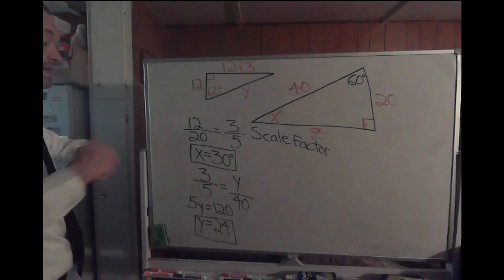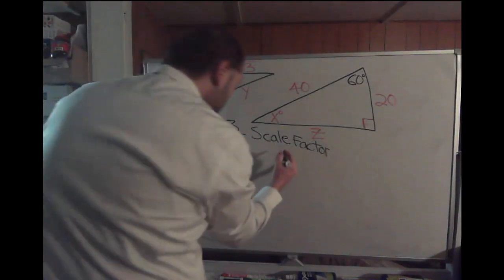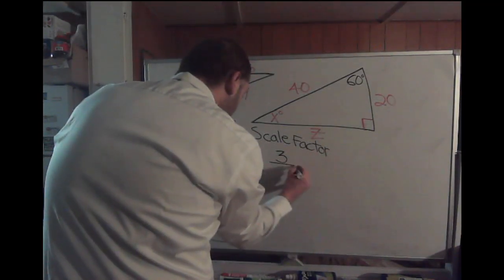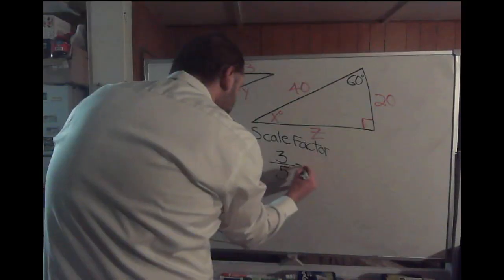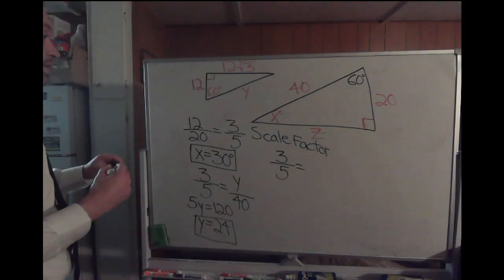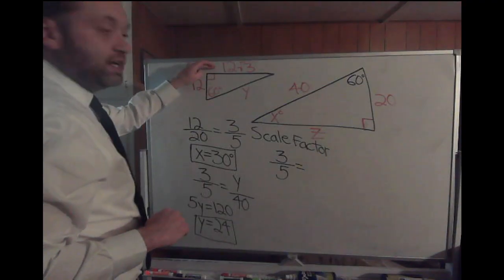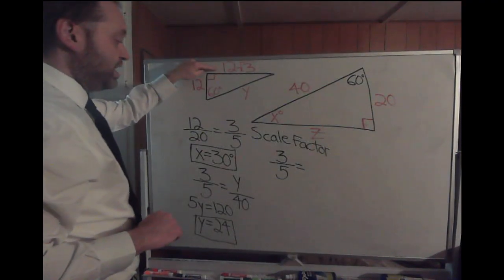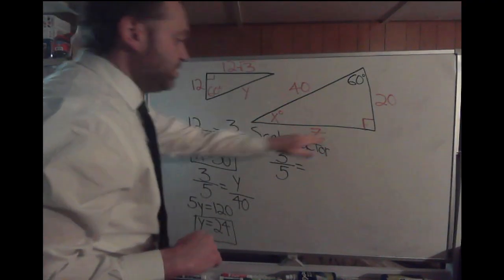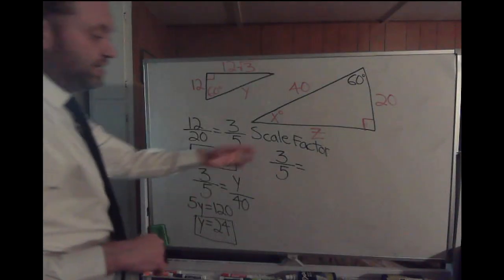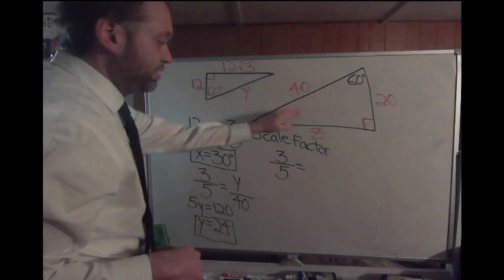Now let's go ahead and find z. This one's going to be fun. You still take 3 to 5, set that equal to, well, this time it's obvious the longer leg of the first triangle corresponds to the z here on the second triangle. Like your scale factor is the small triangle to the bigger triangle.